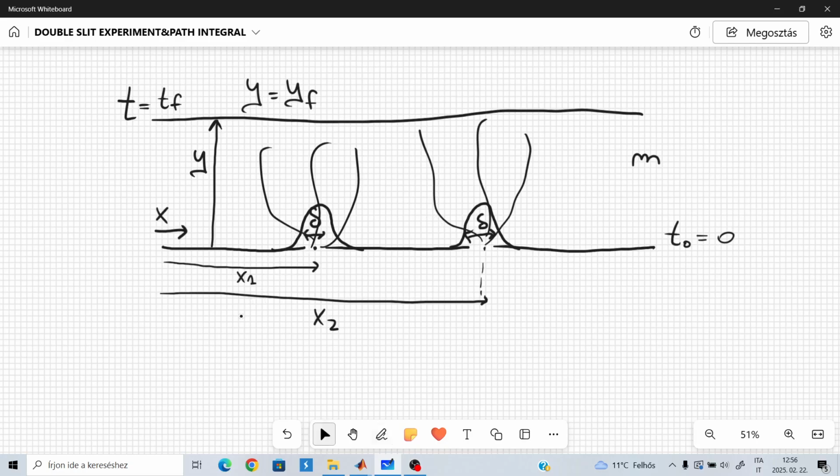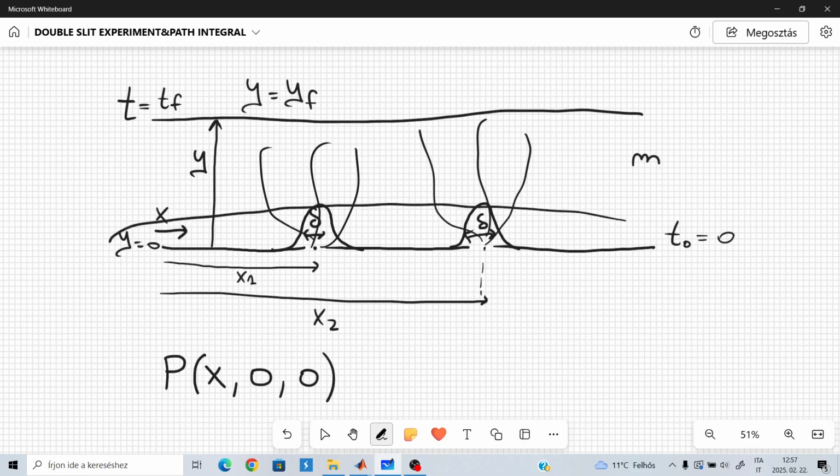So the probability, not the probability amplitude but the probability itself, would be a function of x, y, and t, because we have 2 dimensions of space and 1 dimension of time. But now I'm interested in the probability at y equal to 0 and at t equal to 0, because this is the initial probability, the one that we have on this plate with the 2 slits.